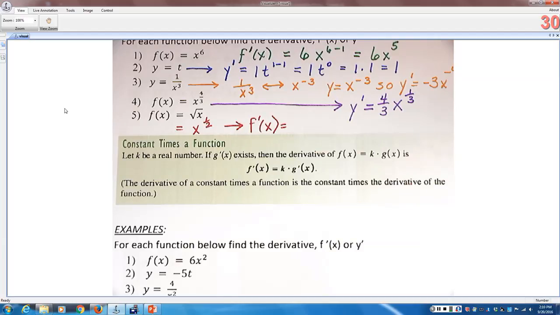Okay, here's your power rule. What does the power rule say that I do with that 1/2? What's the power if it's the power of 1/2? What's the power?